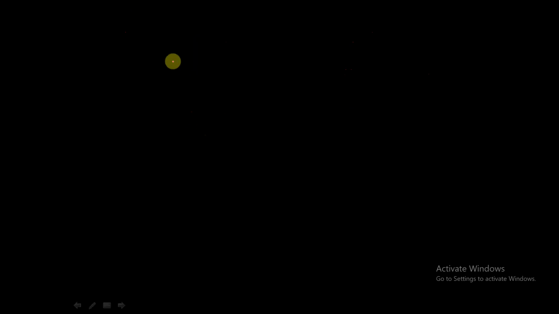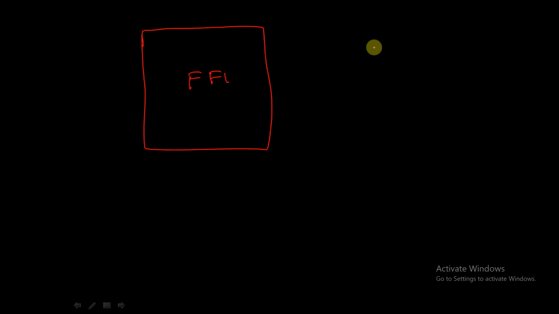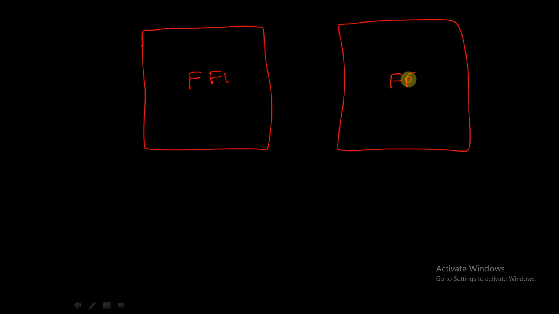Now, let us consider an example here. Let's say this is my flip flop 1 and this is my flip flop 2, and here I am applying my input. This is my clock pin, this is my input pin.